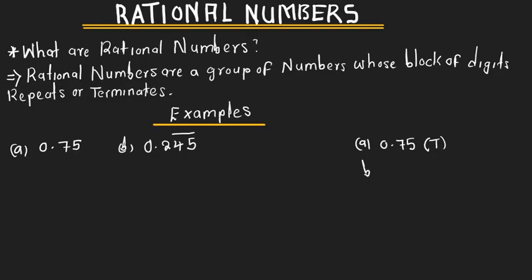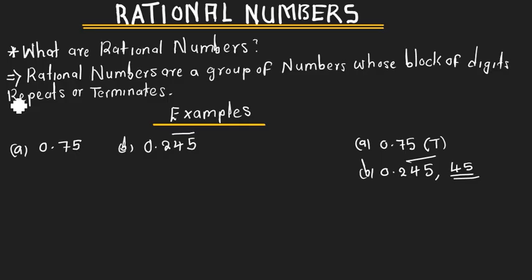If you check B, it is some number 0.245, and we have a bar on 45. The bar represents that this particular number is repeating itself at 45.